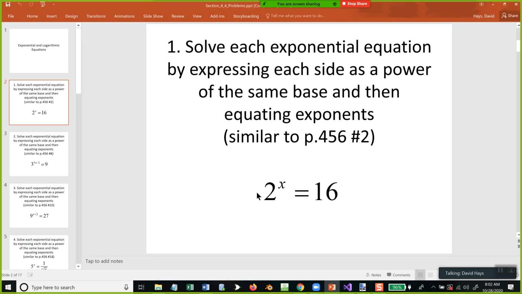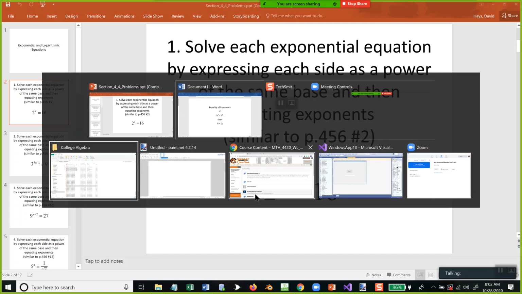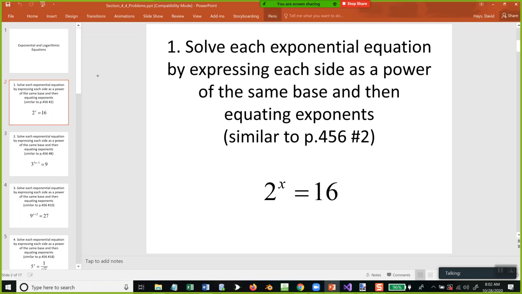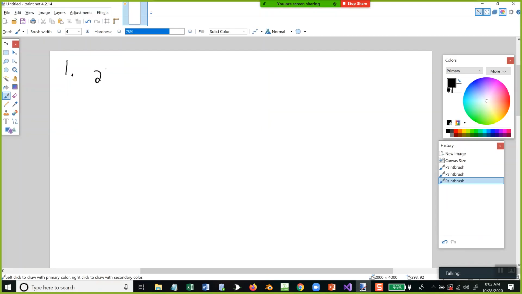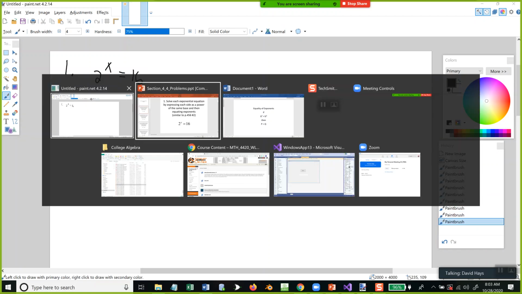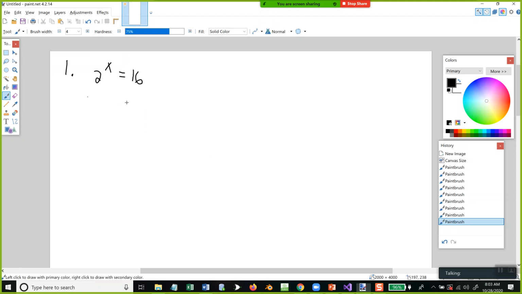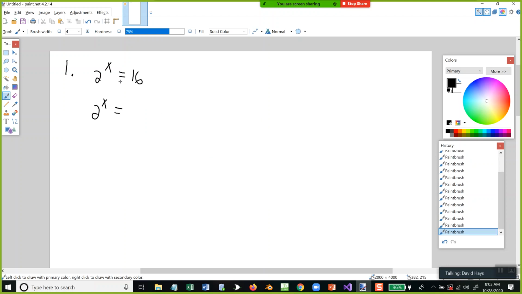Take a look at number one. We've got 2 to the x is equal to 16. Now the idea of this is you try to get them both as the same number to whatever power. So we start with the larger number, 16, and we want to rewrite it as the other number to a power.